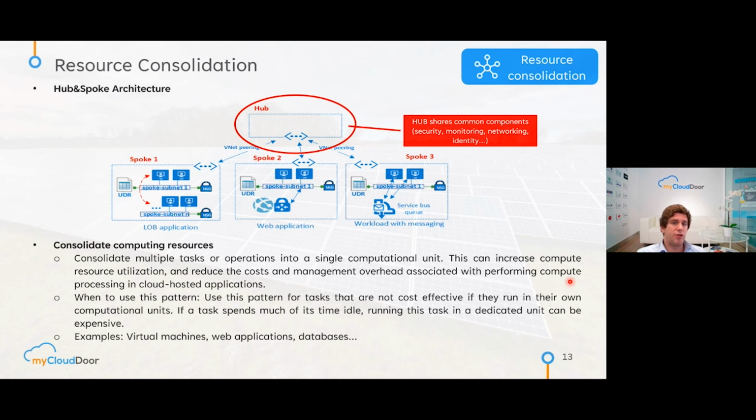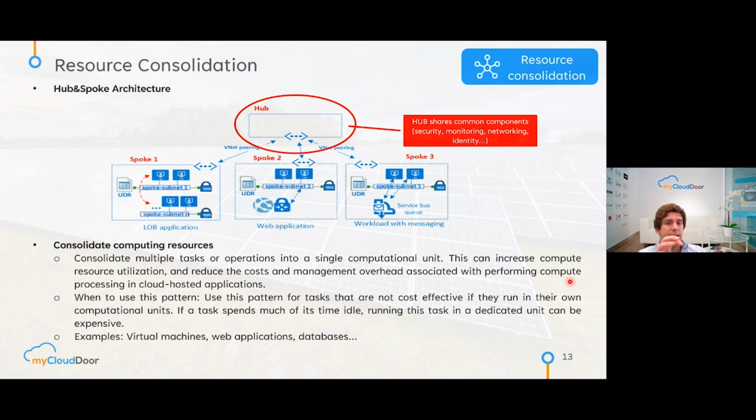Another thing is the resource consolidation. So sometimes in the cloud, we are able to share some components between different environments. A very good example is what is called the hub and spoke architecture. And this is the common architecture that the best practices suggest to us. At the end, we are going to have a hub VNet or a hub subscription where we are going to have all the common components: security, monitoring, identity, administration, networking, etc. And then different spokes for applications.